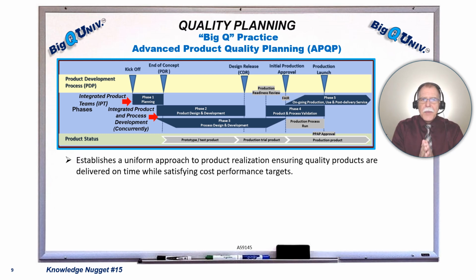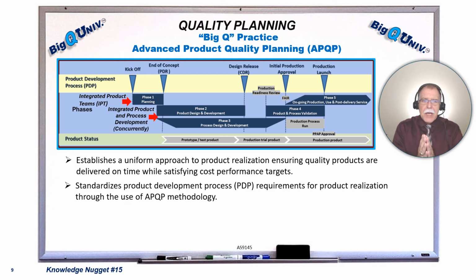Advanced product quality planning establishes a uniform approach to product realization, ensuring quality products through nonconformity prevention, and that these quality products are delivered on time while satisfying cost performance targets. It also standardizes product development process requirements for product realization through the use of this APQP methodology.